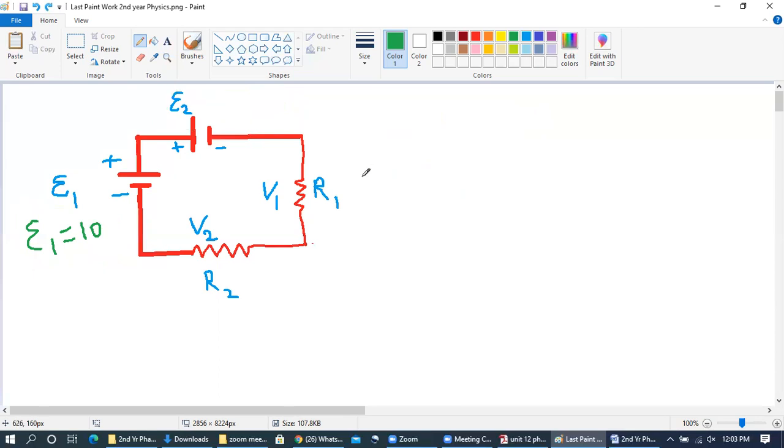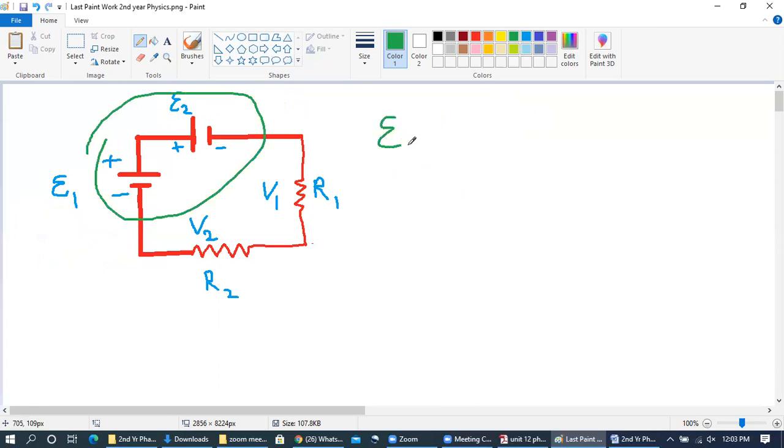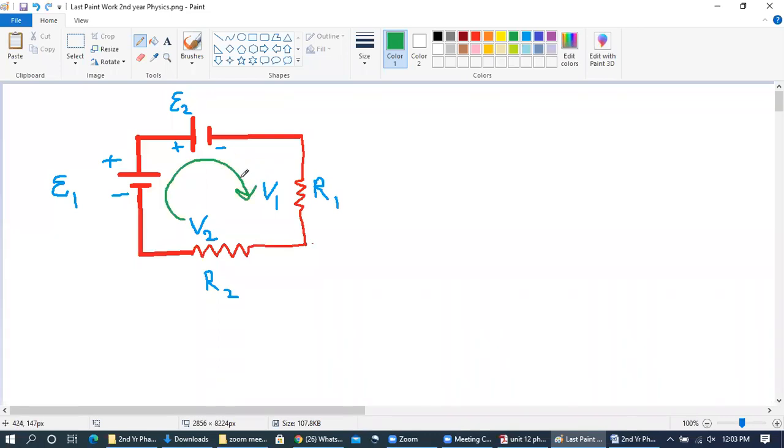Anyhow, you must try to understand that both of these batteries are opposing each other, so their net voltage will be in such a way that, for example, epsilon 1 is trying to move the current in the positive direction, meaning clockwise. So you will consider, for example, the current in the clockwise direction.